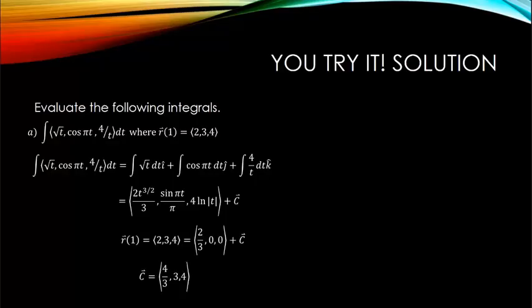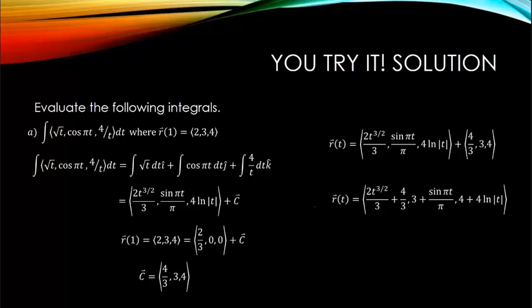This means that my vector c is equal to the components 4/3, 3, and 4, which makes my vector r of t equal to 2/3 t to the 3/2, sine pi t over pi, and 4 times the natural log of the absolute value of t plus the components 4/3, 3, and 4. Combining those terms, I get my final result. The vector r of t is equal to the components 2/3 t to the 3/2 plus 4/3, 3 plus sine pi t over pi, and 4 plus 4 times the natural log of the absolute value of t.